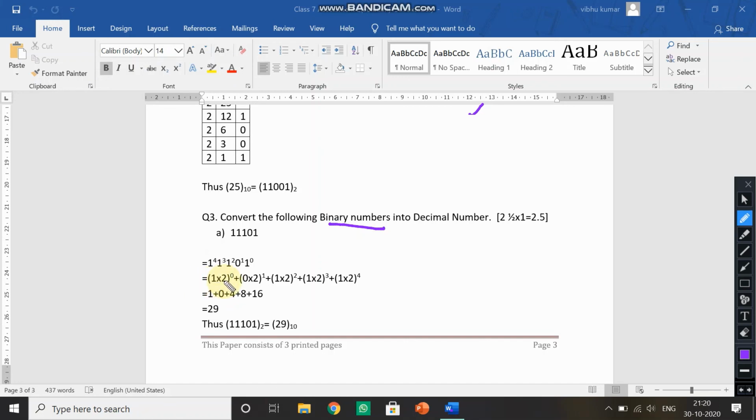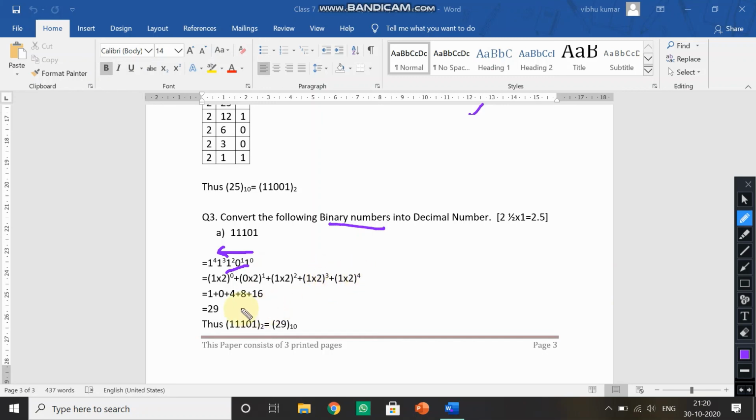The base number is 2. So 1 into 2 power 0, 0 into 2 power 1, plus 1 into 2 power 2. We will always write the number from right to left. Right to left. So first we take this value here, and then 1 into 2 power 3, 1 into 2 power 4.